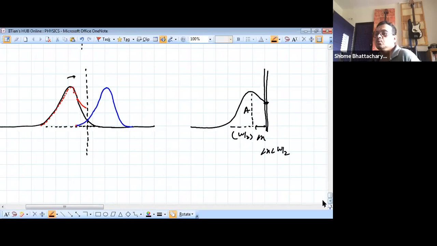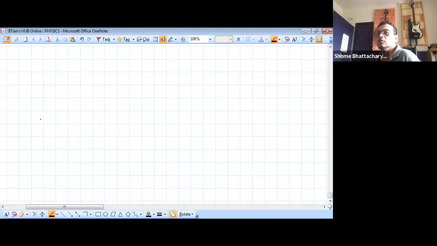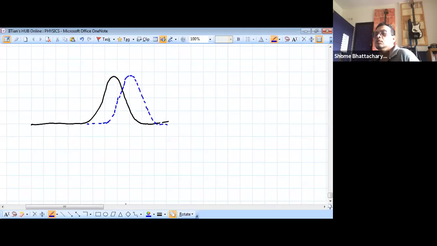Then by the time there's more overlap, by the time the peaks have come closer, now you can see that the boundary will be like this over here.